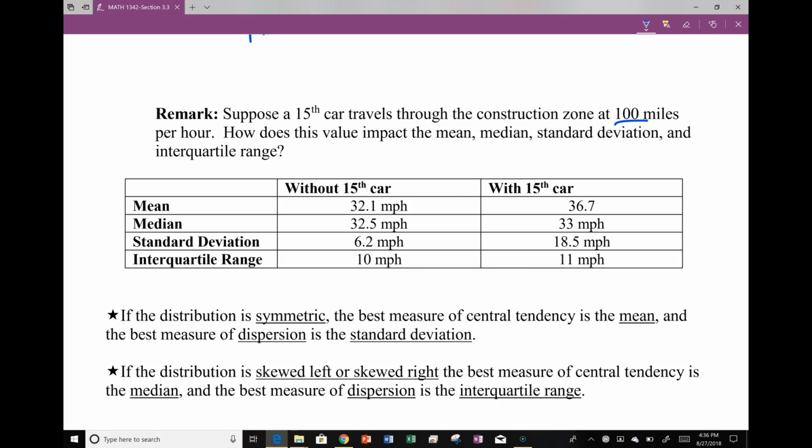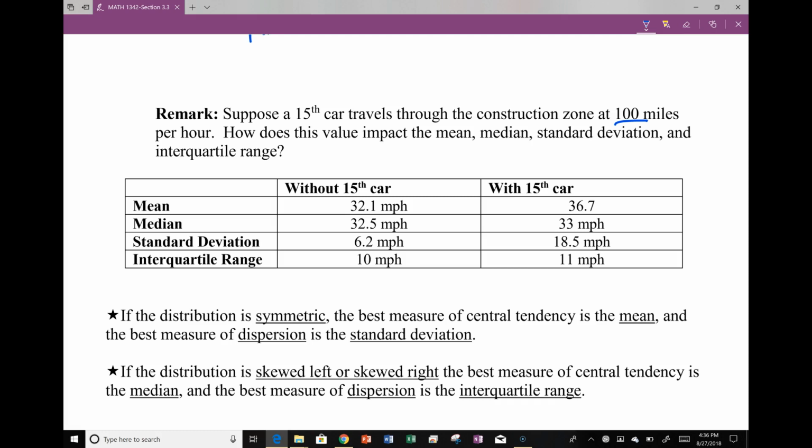I highly recommend that you go back and actually do that calculation on your own. We had calculated the median, Q2. We calculated the standard deviation. We did not in this particular item, so I highly recommend you going back and seeing if you can get the same standard deviation. And we calculated the interquartile range.